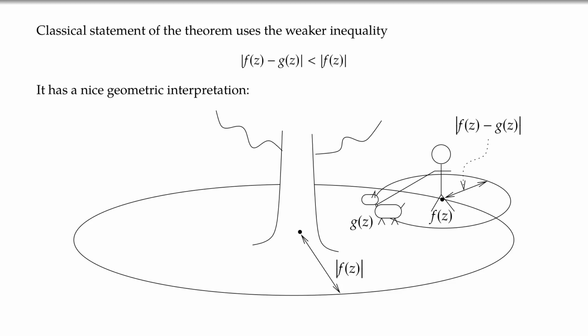Now, g is a function which is nearby. Let's just say it's a dog, right? And the dog can sort of run around the master, but the dog is on a leash. Now, the length of the leash is the modulus of the difference of these two functions.